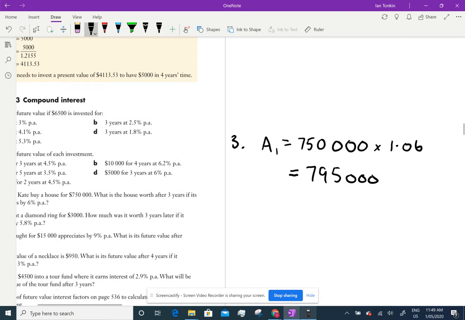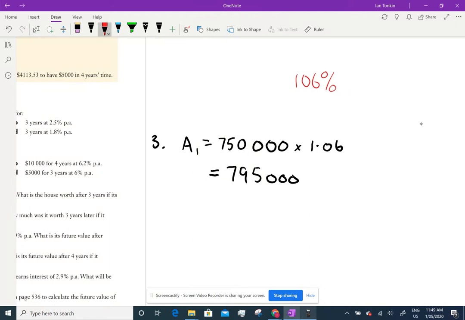And by the way, if you didn't understand where I got this 1.06, I'm multiplying by 106%. I'm increasing by 106%, and 106% as a decimal is 106 over 100, which is 1.06.